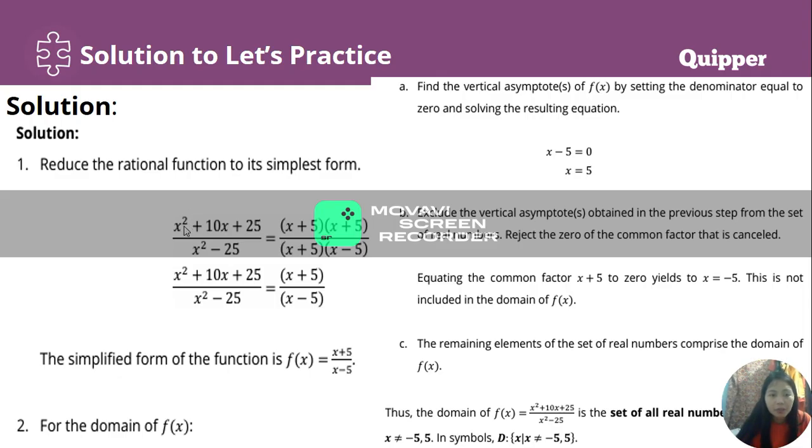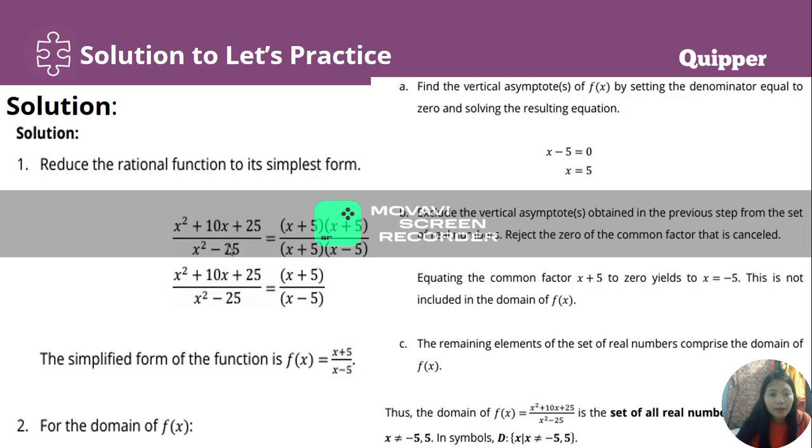In the numerator we have exponents 2, 1, 0, so our highest exponent is 2. We get the degree of the numerator and the denominator, and identify if they are equal, if n is less than m, or if n is greater than m. Here they have the same degree, so they are equal.